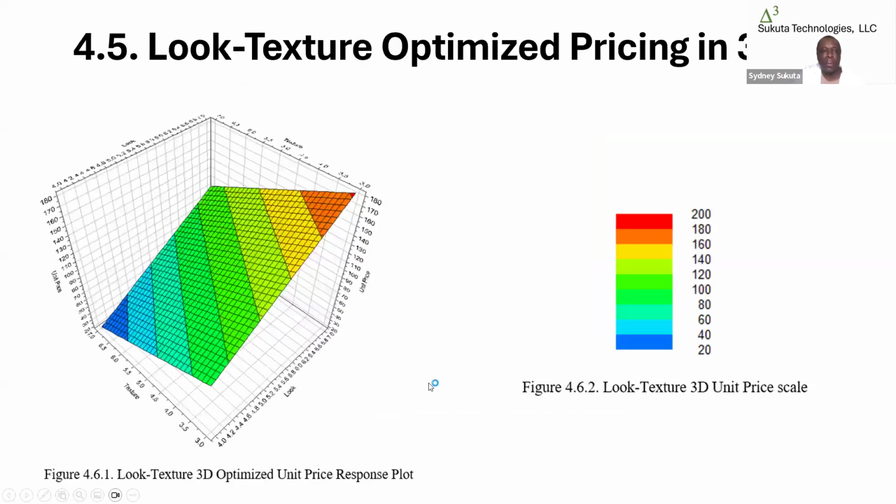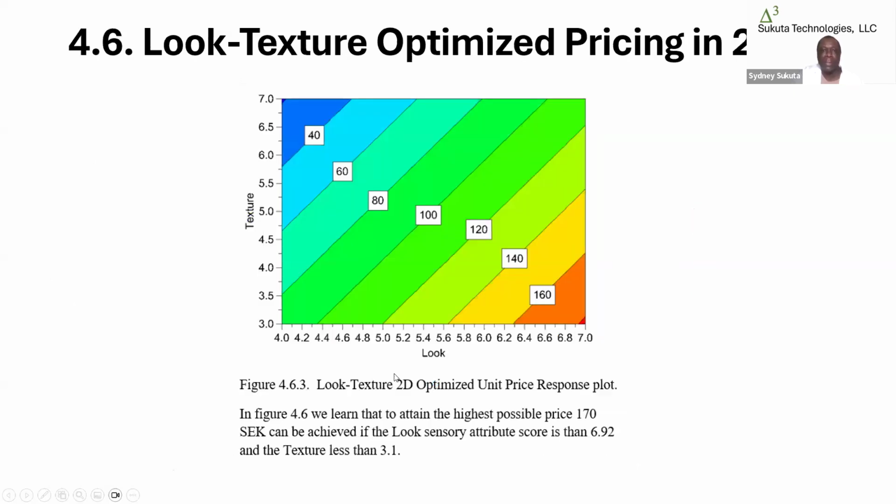All right, so then the last one is texture. You see that as texture increases, the unit price actually tanks. But as texture decreases, it actually gets better. So if this is 160, this contour you see here is 170. So that's about 3.1. So the less texture, the better.